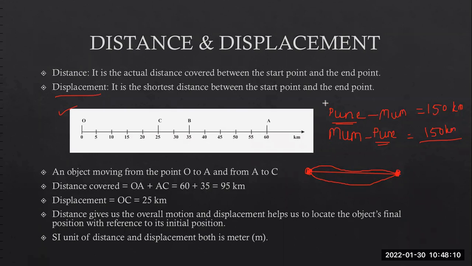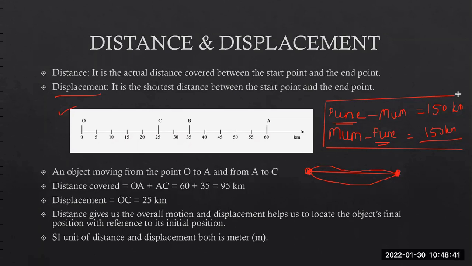Now, in this case, what would be the displacement? Whenever you're asked to calculate distance and displacement, what should be clear to you is what the start point and the end point are. In the example of Deccan Queen, the start point is Pune and the end point is also Pune station.